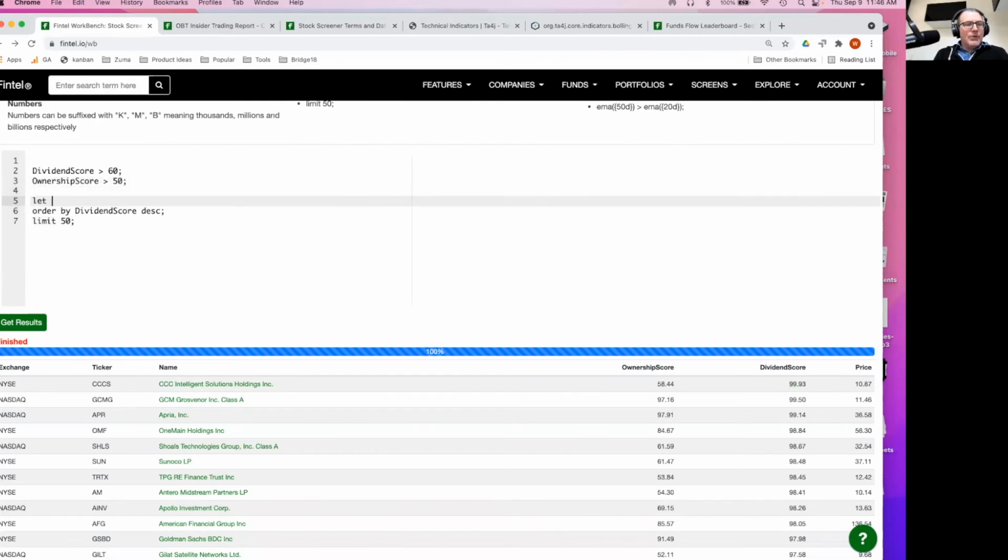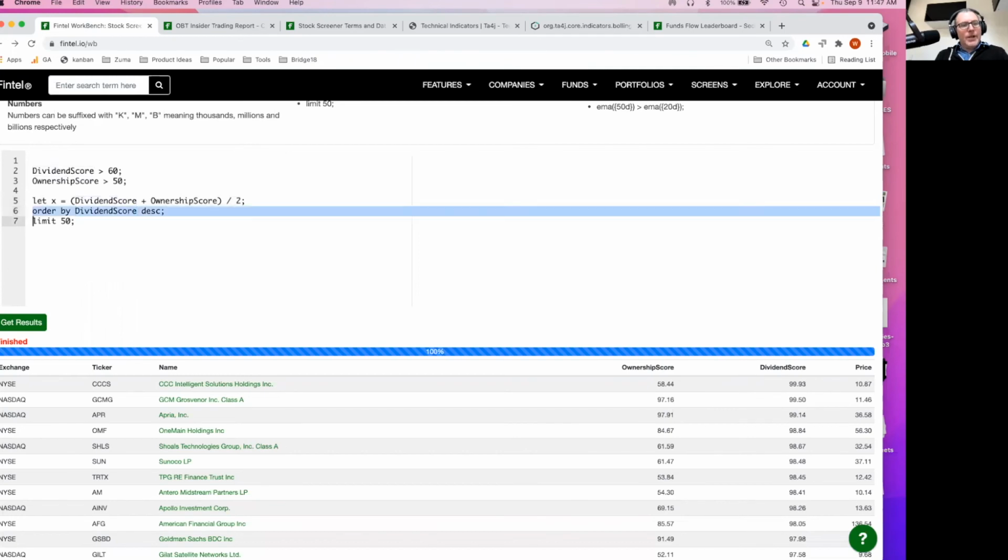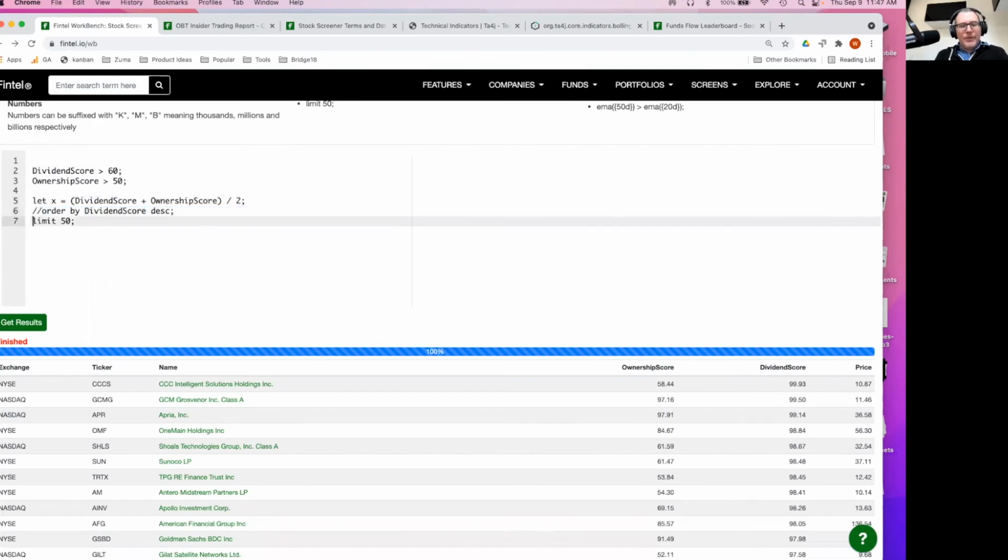Let's say let X equal the dividend score plus the ownership score, and we're going to divide this by 2. So we're going to average the ownership score and the dividend score, and then say order by. Let's take a look at this without the order.